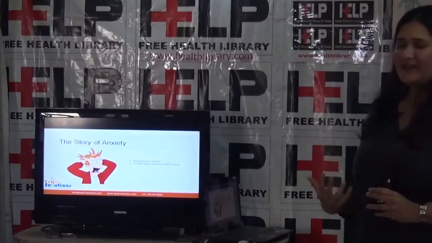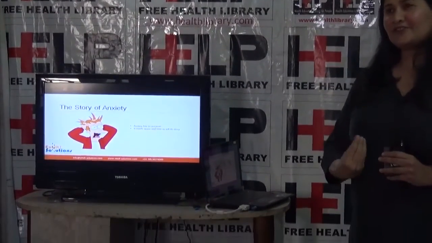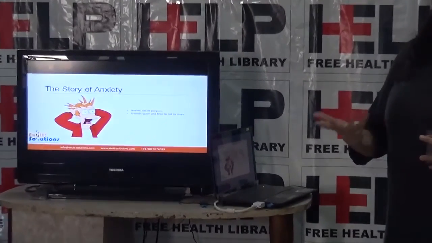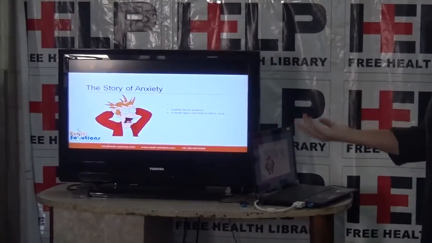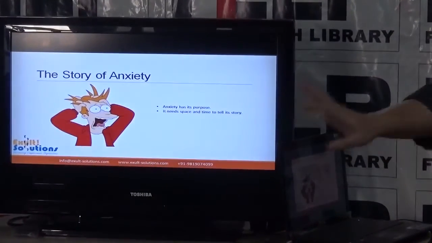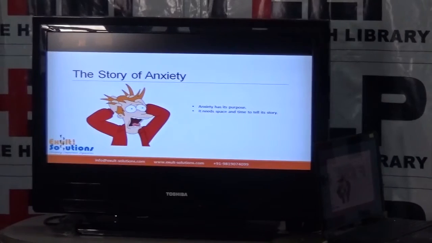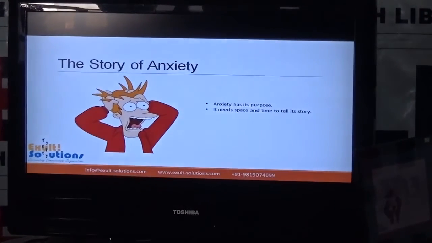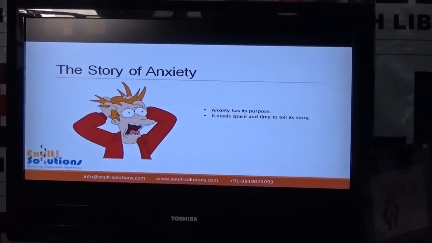So very often there is a part within us which is anxious. And it could be anxious about various things. It may not be a perpetually existing part. It could sometimes crop up and then die its own death once that anxiety is no longer needed. But sometimes it crops up in a very dysfunctional manner.